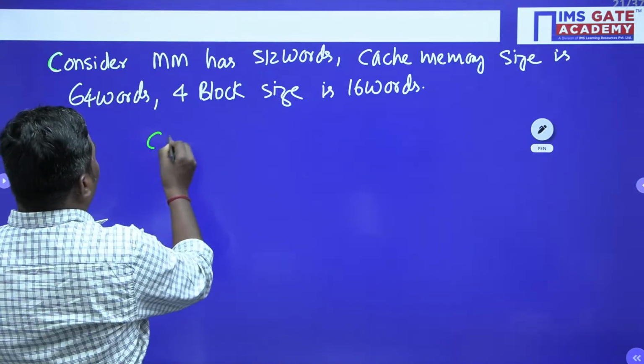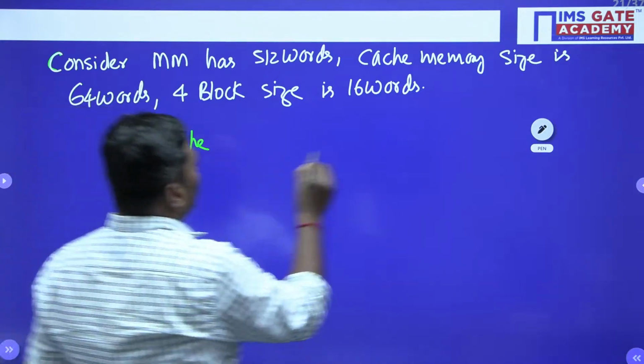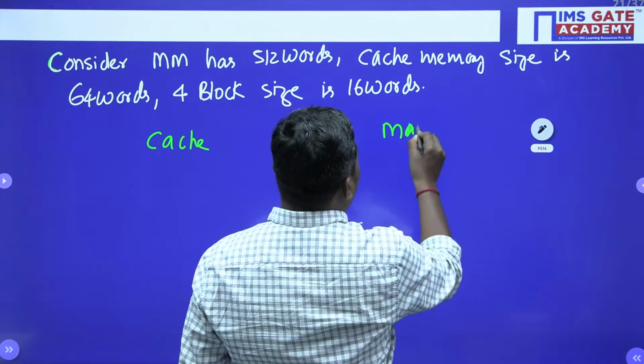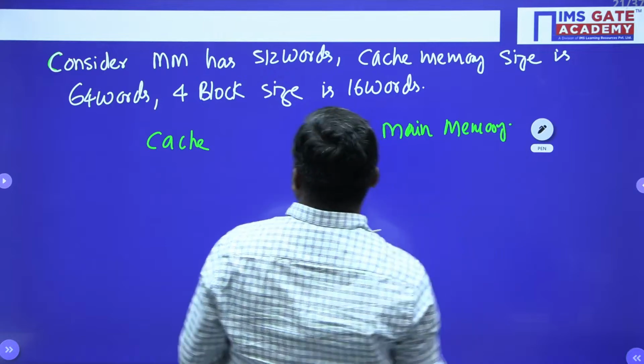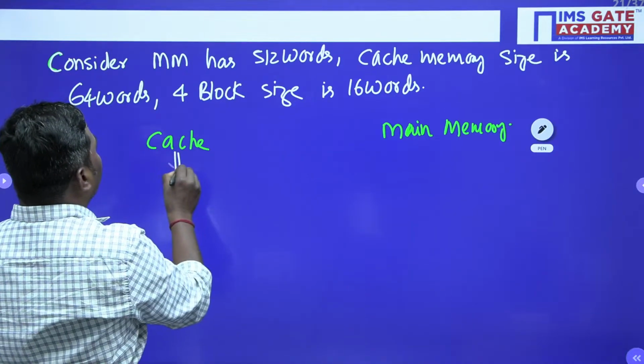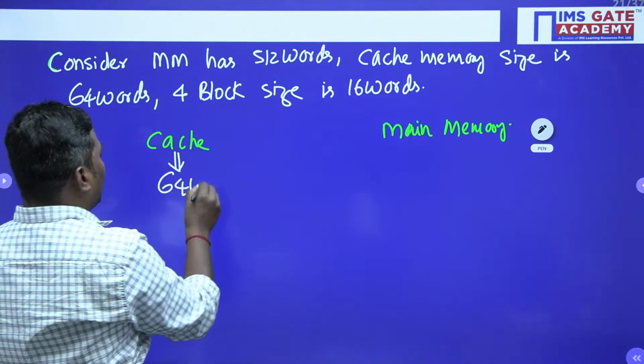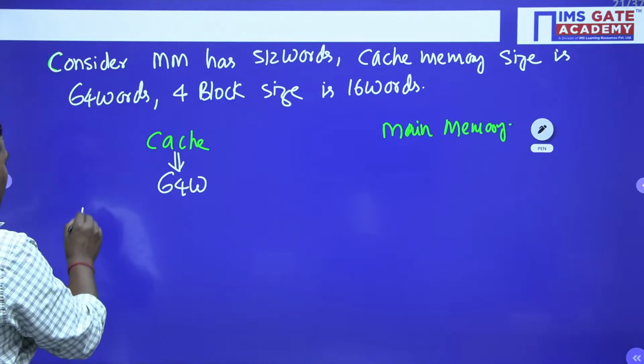Now understand, look at the main memory, all of you. What is the size of the cache memory? 64 words are there, right? You would arrange them in terms of blocks.